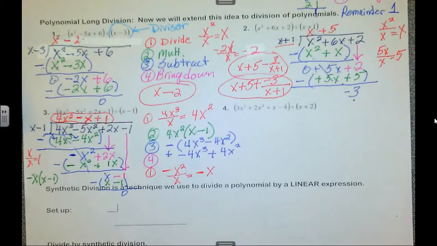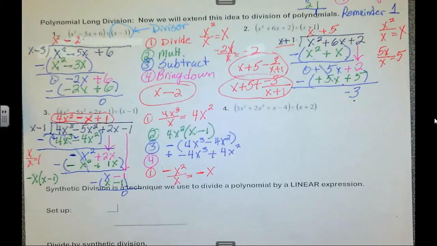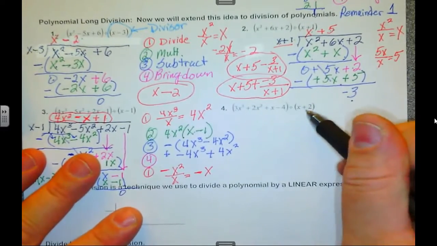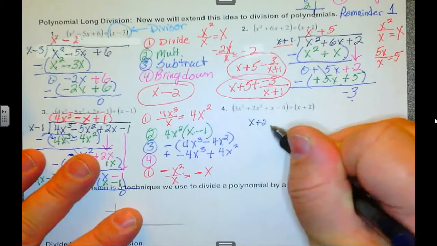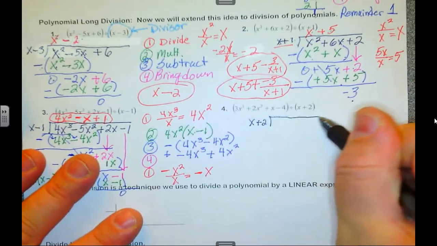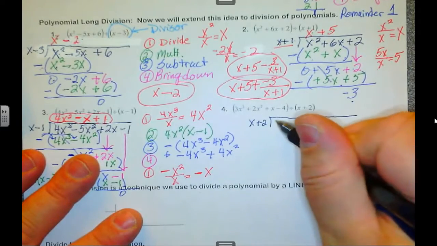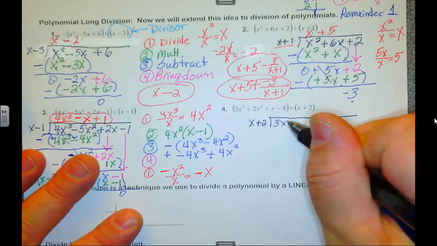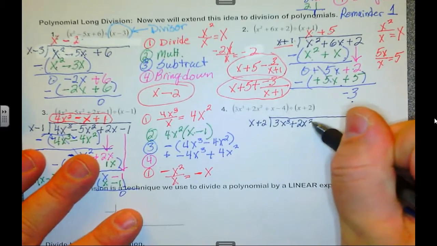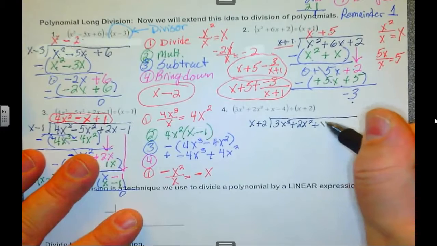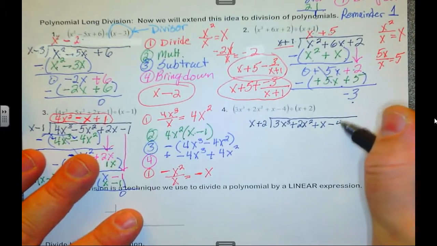All right, let's do another one because, like I said, these are not easy. Okay, here's my divisor, x plus 2. Going to divide it into 3x cubed plus 2x squared plus x minus 4.